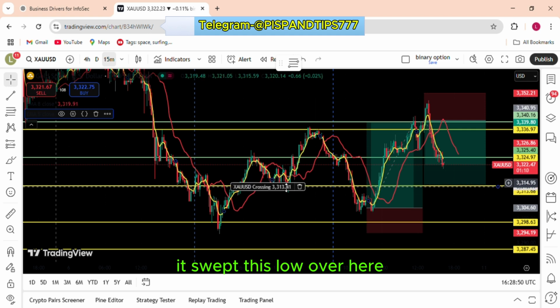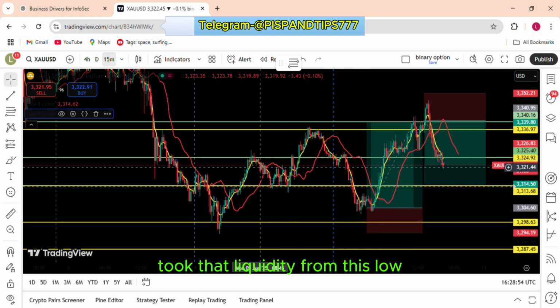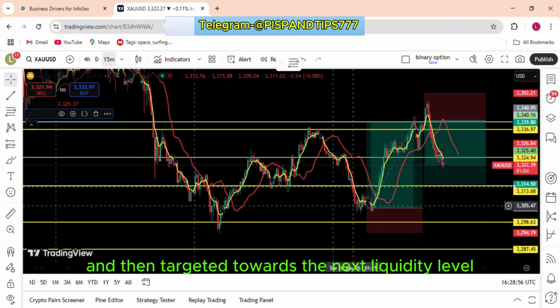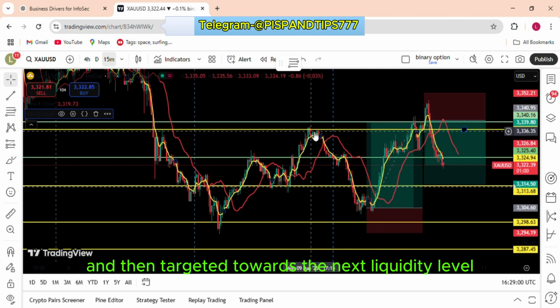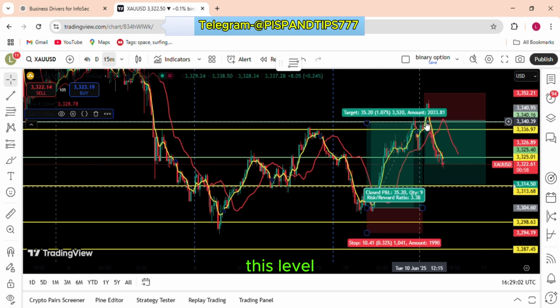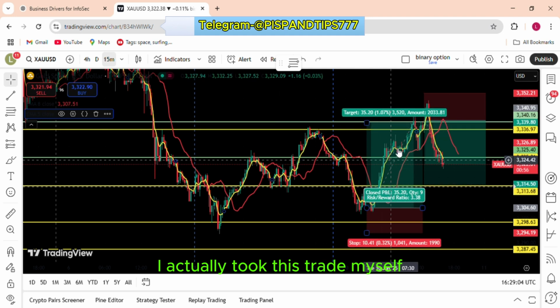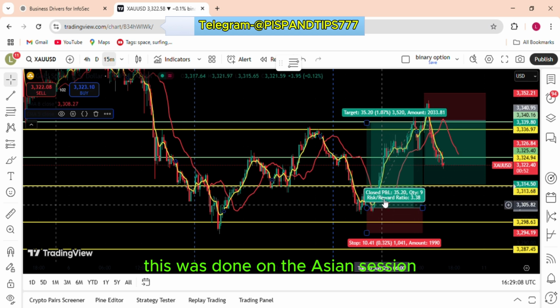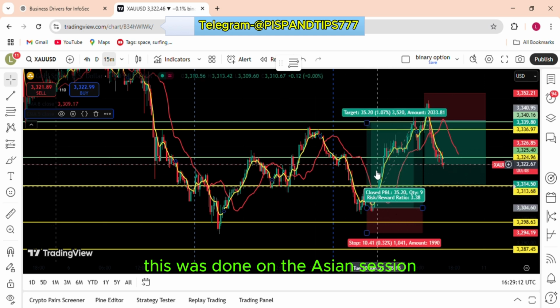It swept this low over here, took that liquidity, and then targeted the next liquidity level, this level. I actually took this trade myself. This was done in the Asian session.